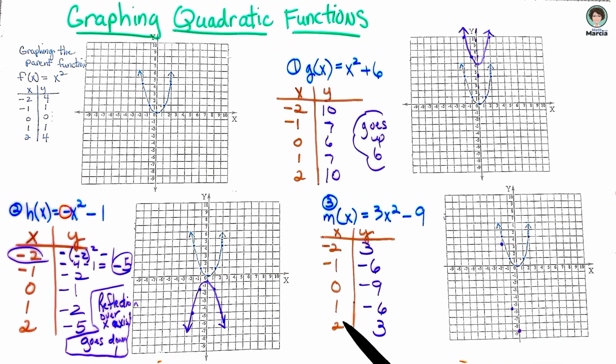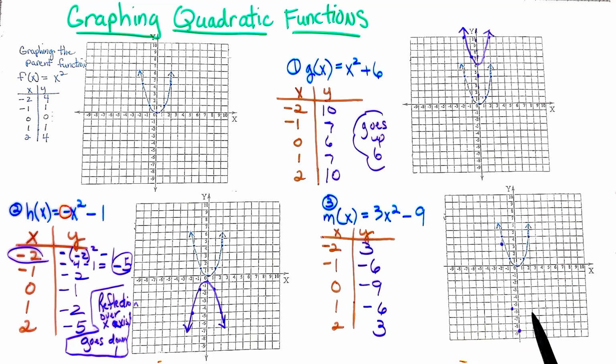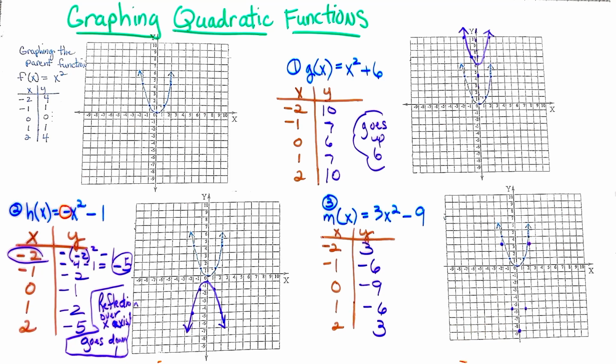For our 1, we end up with -6. So here is a 1, and I'm going down to my -6. And here's my 2. And at this point, you should see that we're going to go up 1, 2, 3. And there it is.